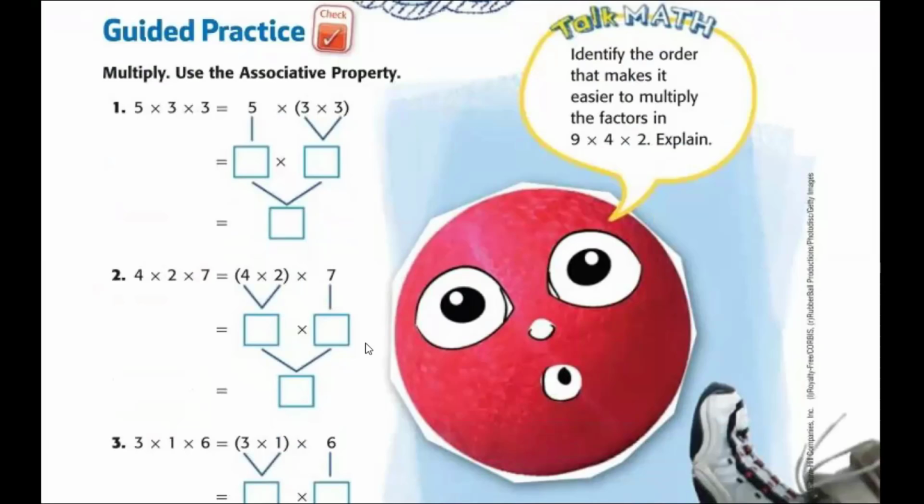To solve the associative property, all we have to do is solve the operation inside the brackets. My question is, who will solve number 1 with me? Don't ask me about anything else. Yusuf, number 1?